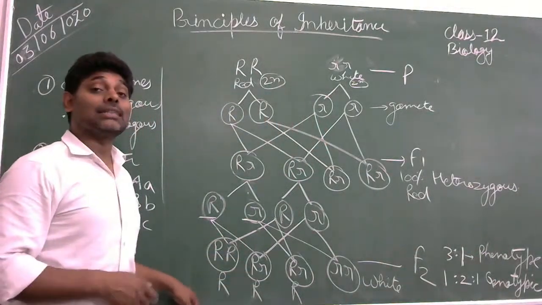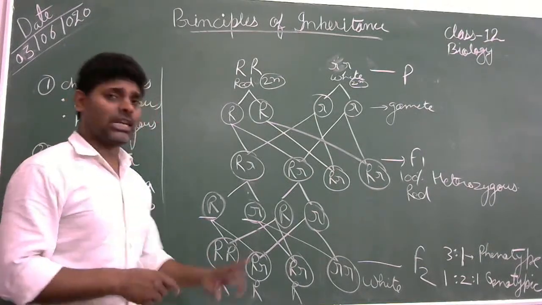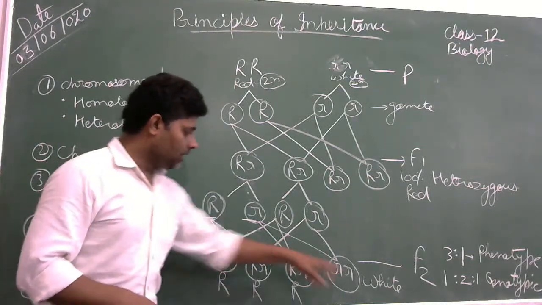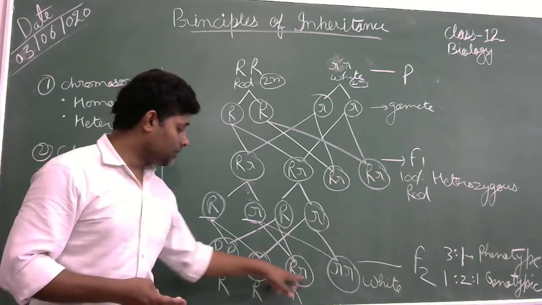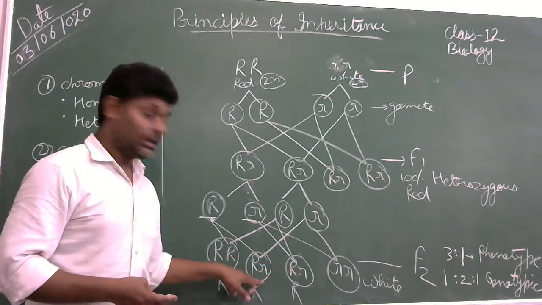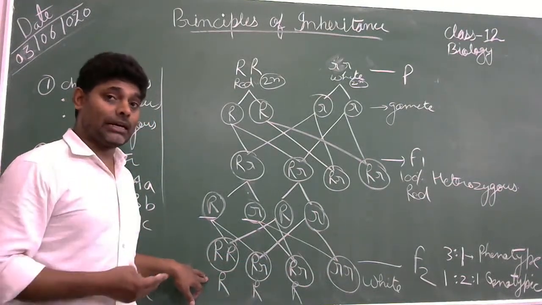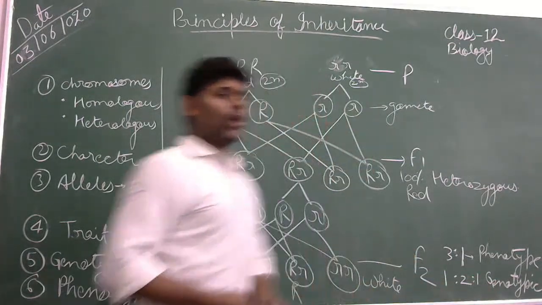And if we are considering the genetic combinations, we are getting 3 types of combination: 2 homozygous, 1 dominant, 1 recessive, and 2 new recombinations that are heterozygous, and thus the genotypic combination or genetic ratio is 1 is to 2 is to 1.